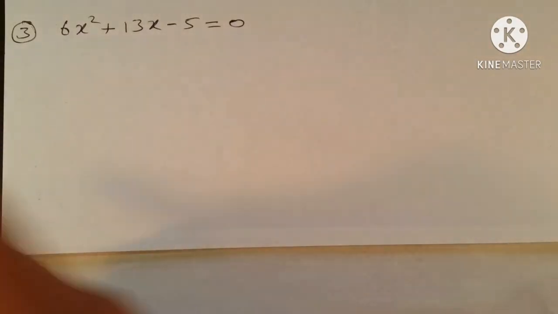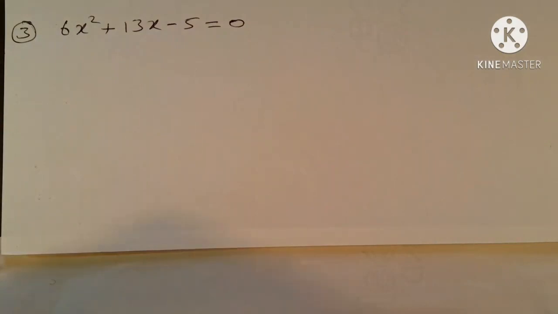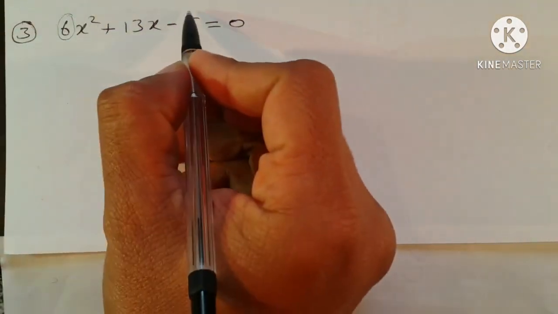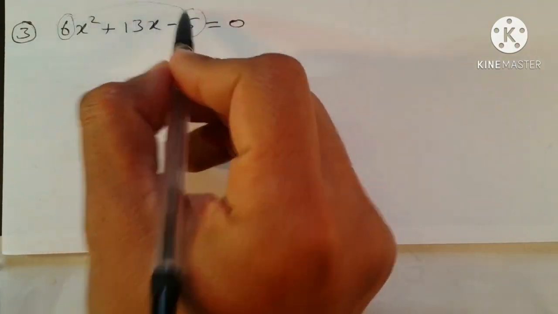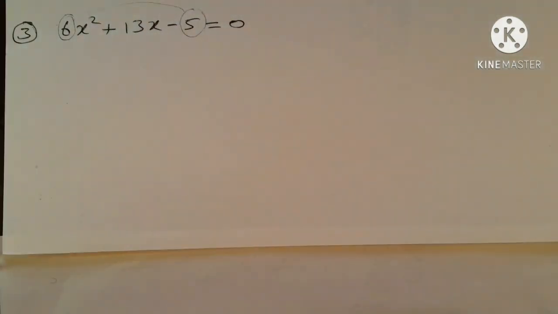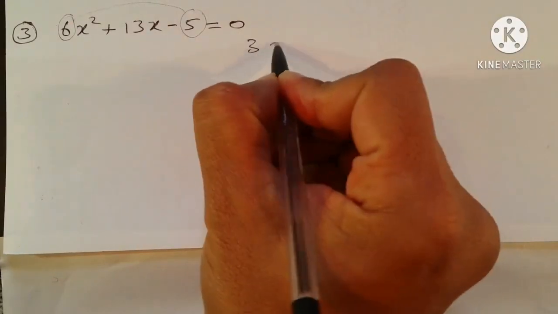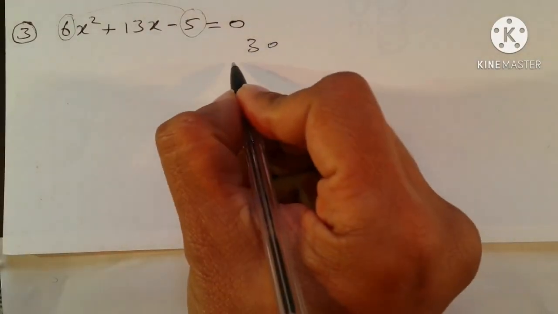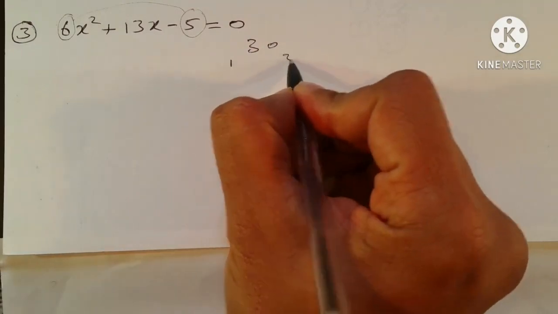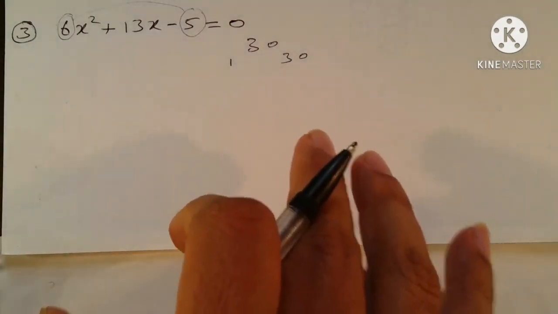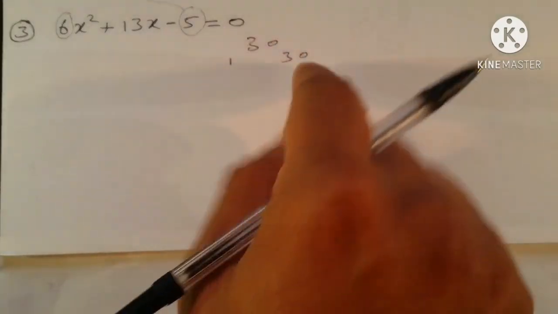Now first we have to factorize, exactly the same method we did in the last 2 questions. So first coefficient times the last, which is 6 times 5, 30. So write down 30. Get the factors for 30, which is 1 times 30. Anyone struggling with making the factors, this is the method they can follow.